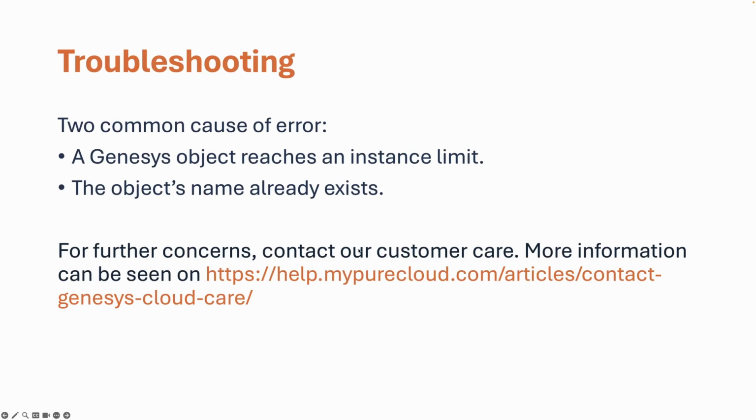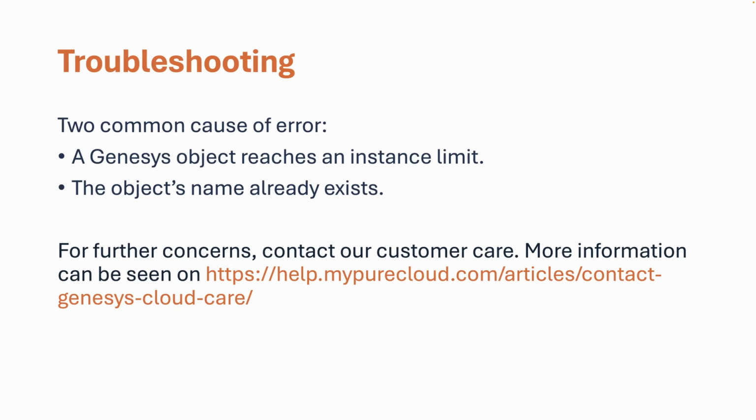So the first possible cause is that the instance limit of a certain object that the accelerator is trying to create had already been exceeded. So, for example, for the integration type, you can only have 10 instances of it. And when the accelerator is trying to create another one, it will have an error.